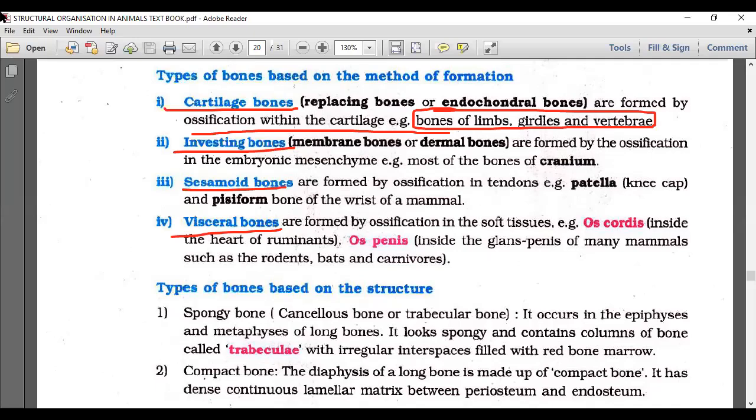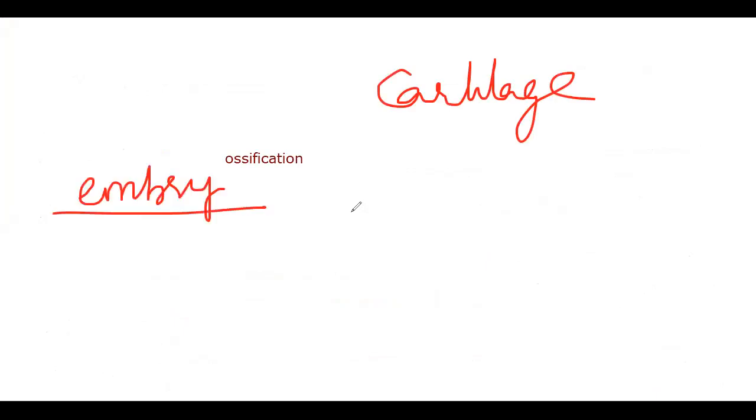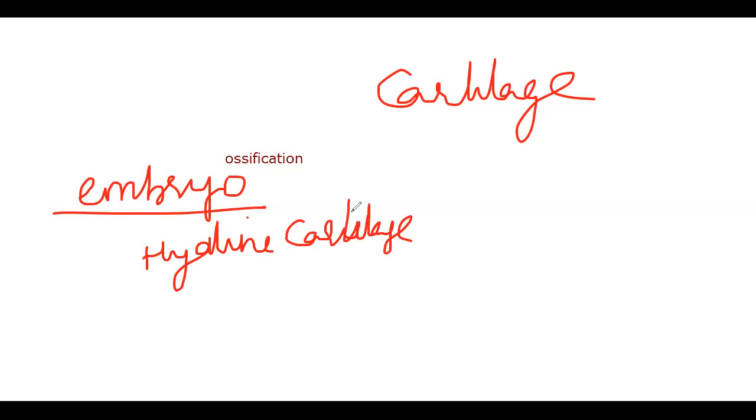So what exactly are they saying? Cartilaginous bones mean that during embryonic stages our endoskeleton is hyaline cartilage. When you are in the mother's uterus, developing as an embryo or fetus, your endoskeleton is cartilage.